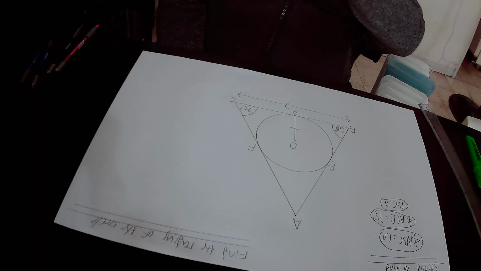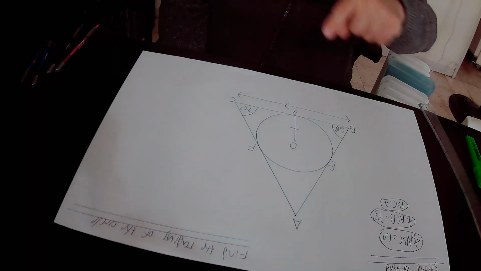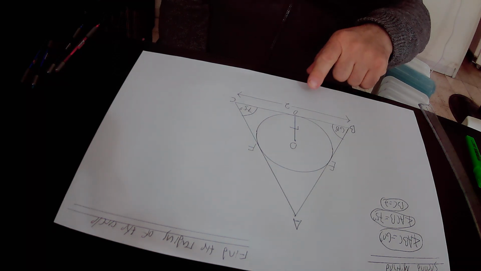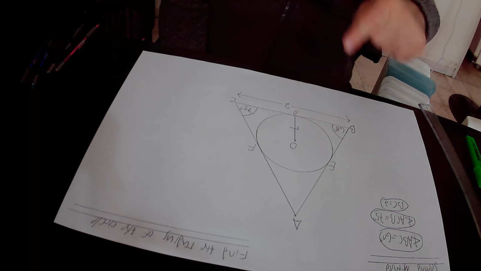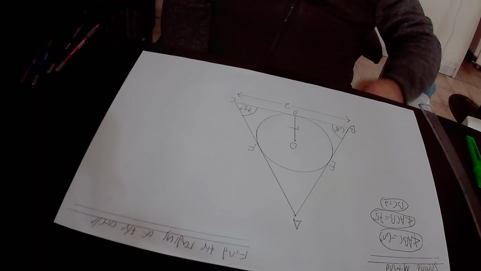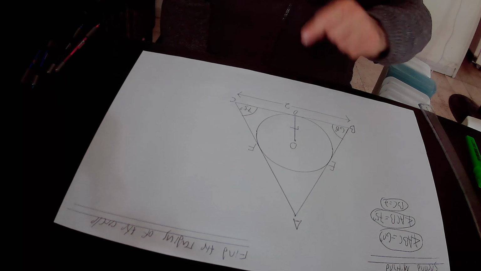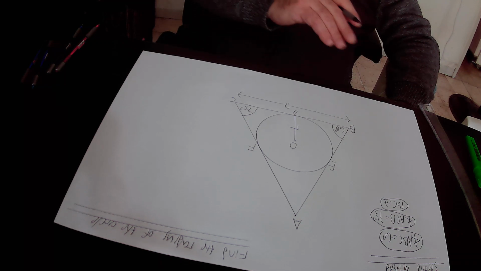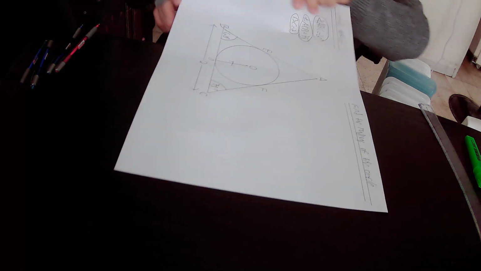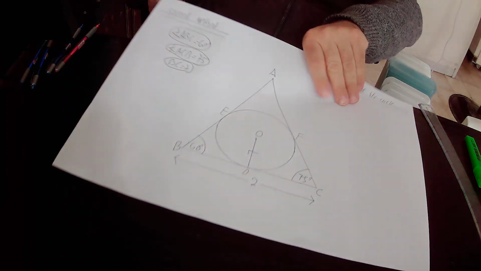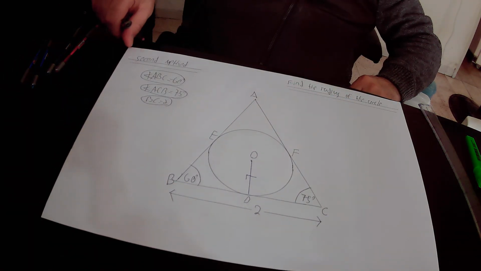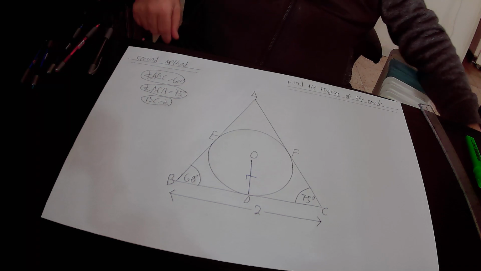Point O is the center of the circle. Point D is a point on the circle itself. Therefore, OD is the radius of the circle that we defined as R. And here we have rule number 1 that we can implement on our drawing.